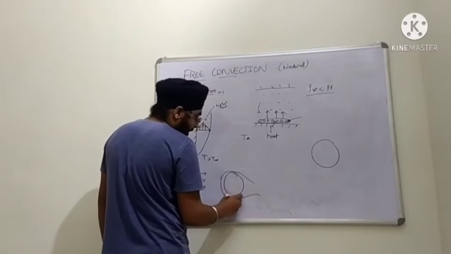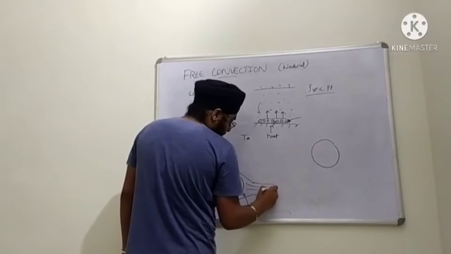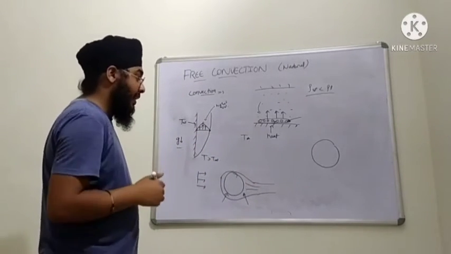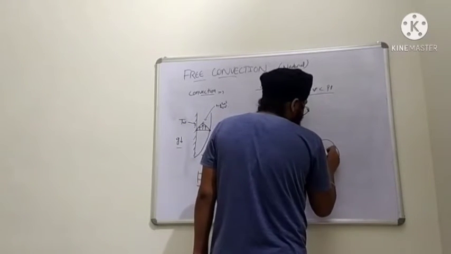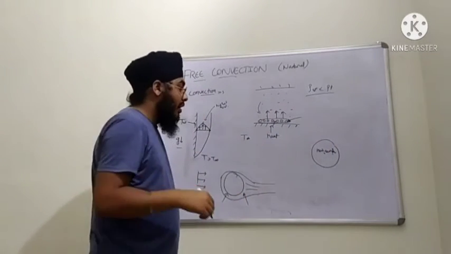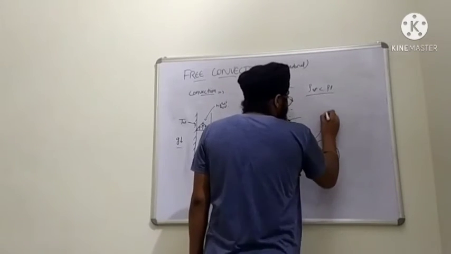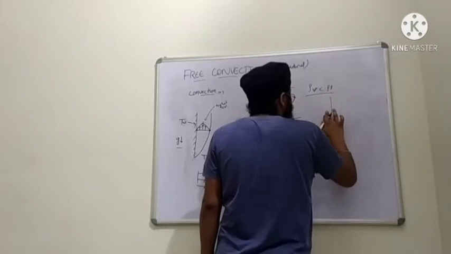There was this boundary layer and then this separation and this current, and this will look something like this. Now what happens in free convection is, this is the hot surface. When cool air comes in contact with this, something like this will happen.